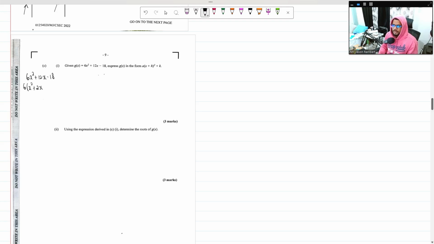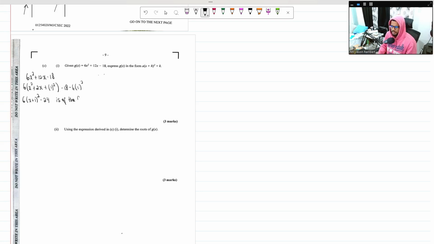There are plenty of ways to do it. I can do it in one line if you understand what completing the square actually does, where I have to add half the coefficient of x, which is half of 2, squared, take away 18, then I have to take away 6 into 1 squared. Now the bracket is a perfect square, that is x plus 1 squared, minus 18 minus 6 is minus 24.